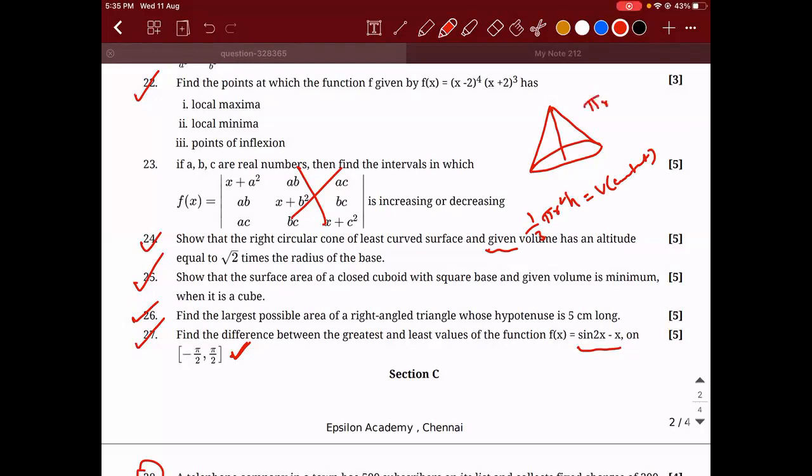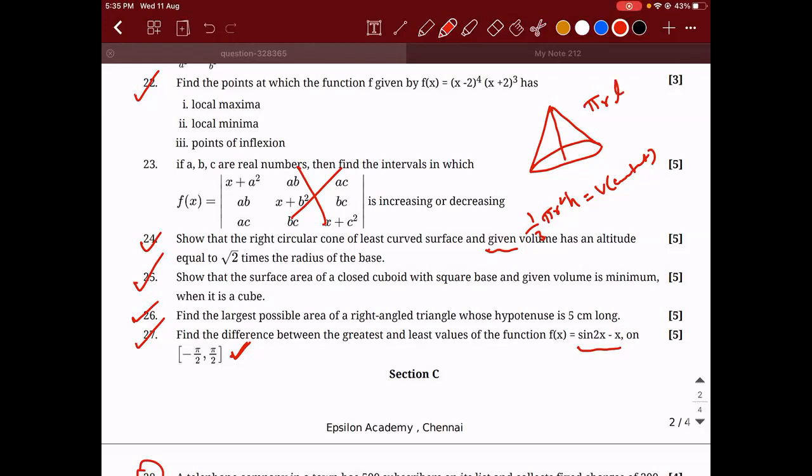It is pi r. What is the answer, guys? Pi r L, sir. Yes. So it is pi r into L.